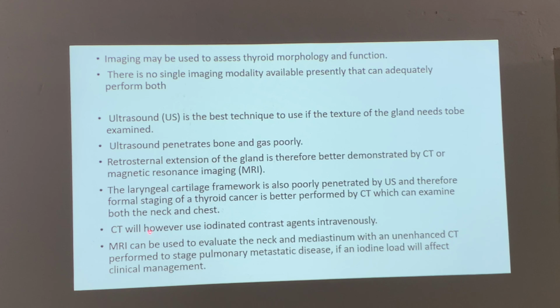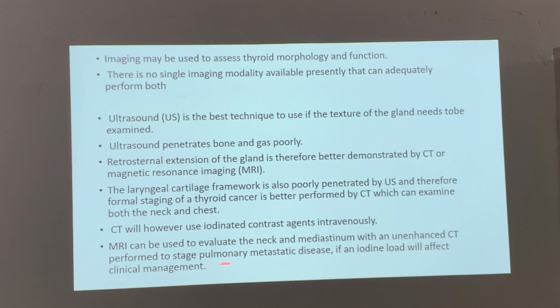CT will however use iodine contrast agent intravenously. MRI can be used to evaluate the neck and mediastinum, with an unenhanced CT performed to stage pulmonary metastatic disease if an iodine load will affect clinical management.